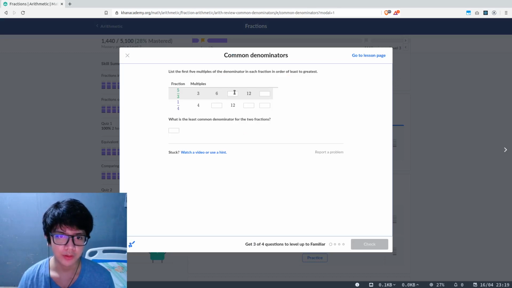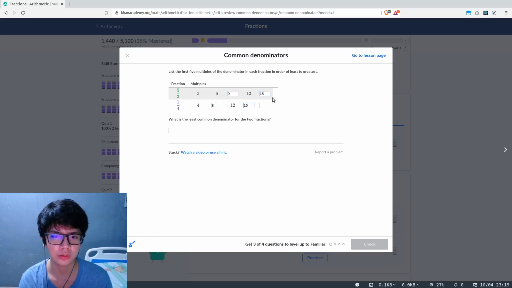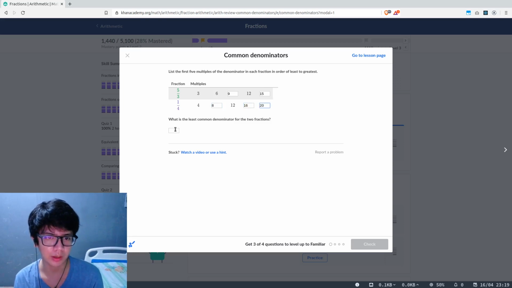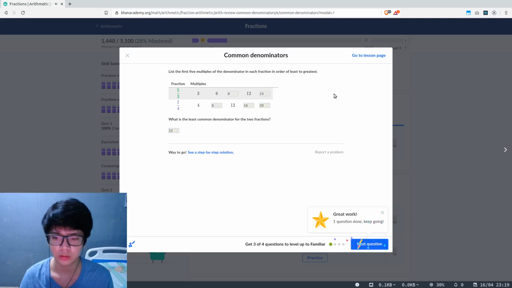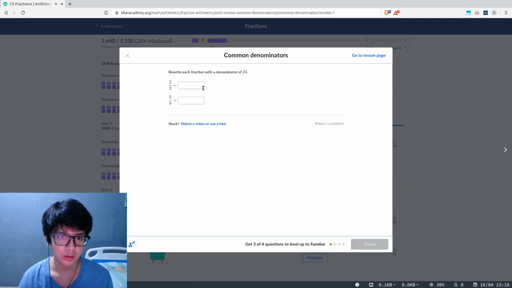List the first 5 multiples of the denominator in each fraction in order from least to greatest. Wait, what am I supposed to do here? What is the least common denominator of the two? Write each fraction with a denominator of 24.